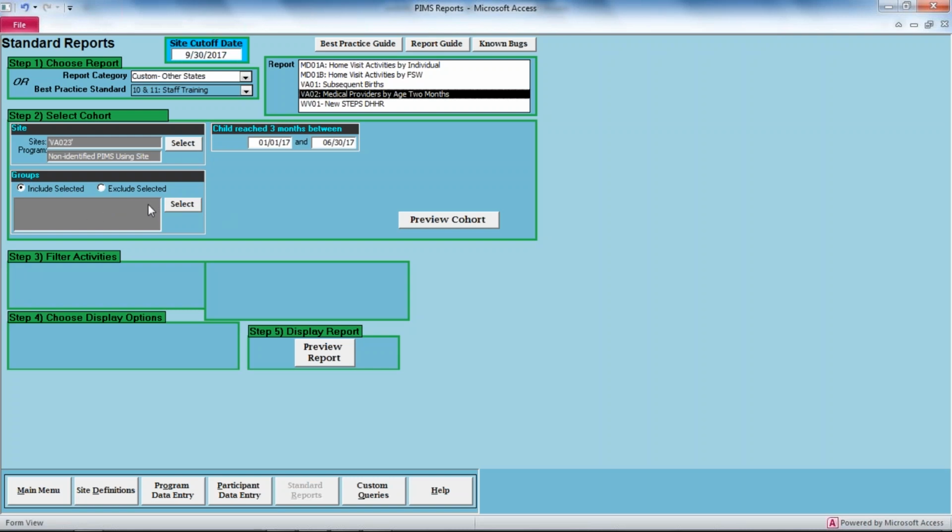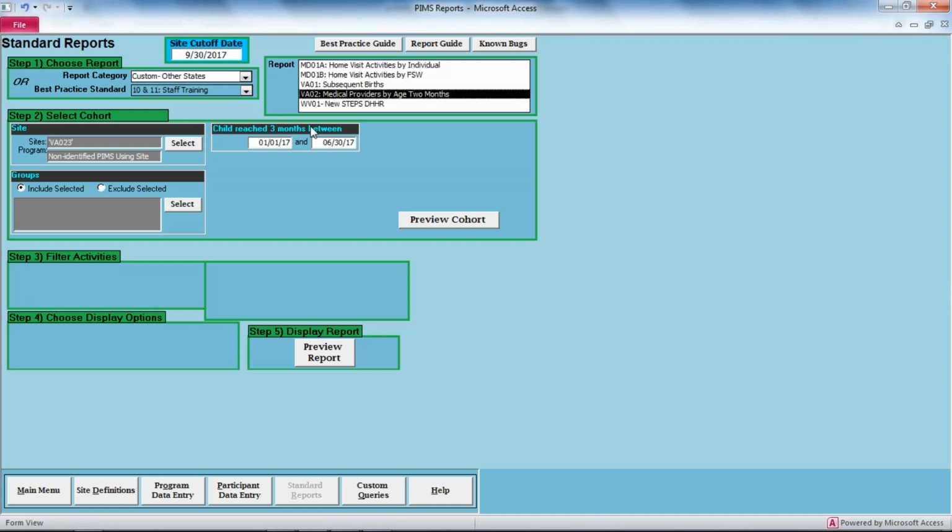So you look at those, and then you go to this box, and if there are any parameters in here, you want to make sure that, in this case, we're looking at children who reached 3 months, because we're looking at whether they had a medical provider by 2 months.